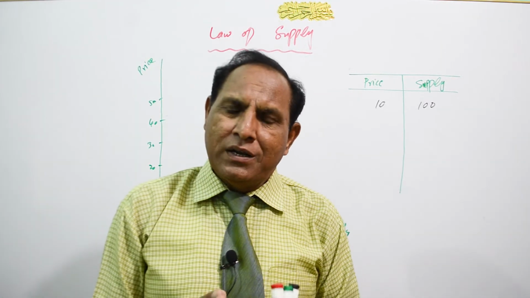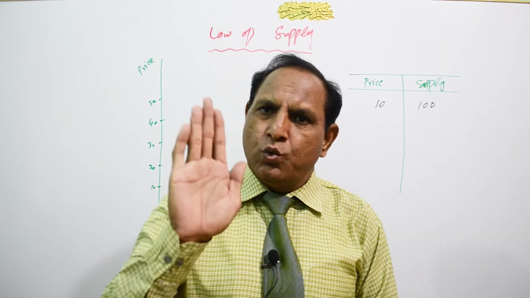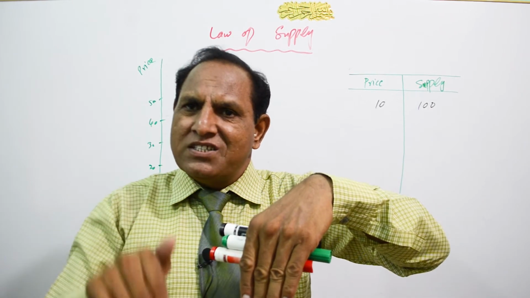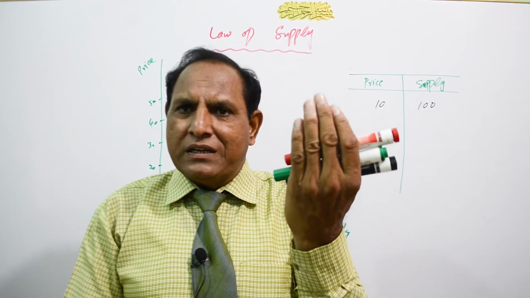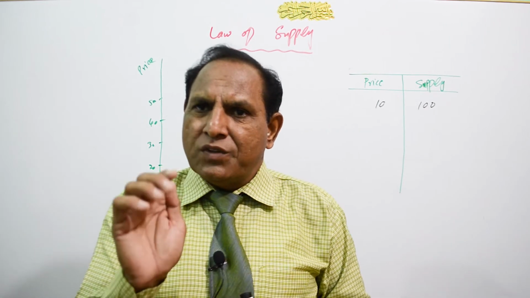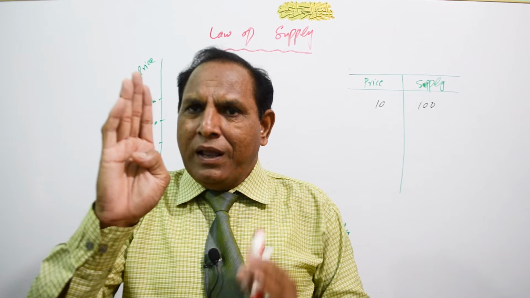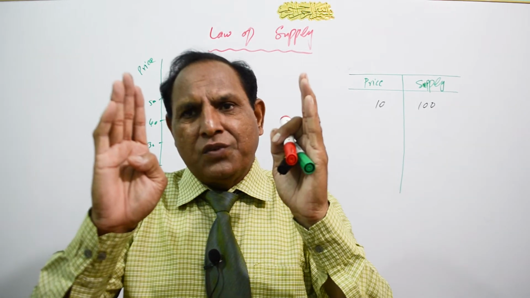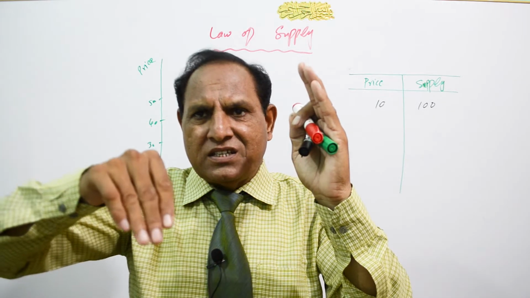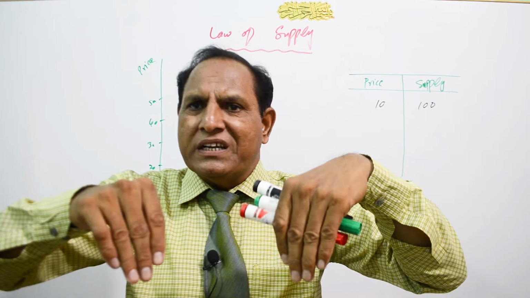In the law of demand, we saw that if the price goes up, its demand will decrease, and if price decreases, its demand will increase. But in this law, we will see that if the prices of the goods go up, its supply will also increase, and if price decreases, its supply also decreases.